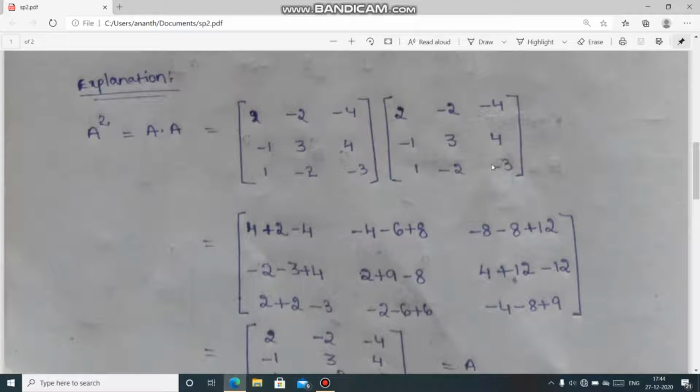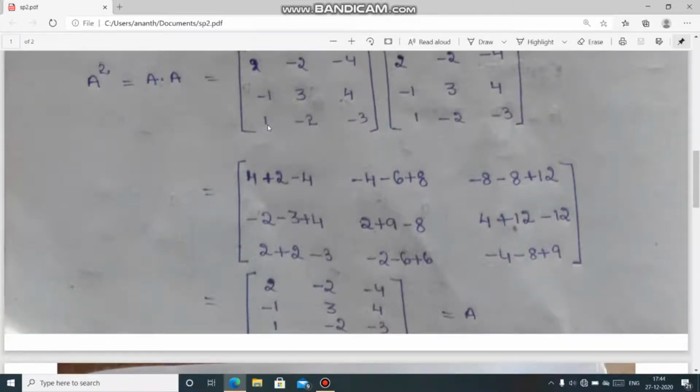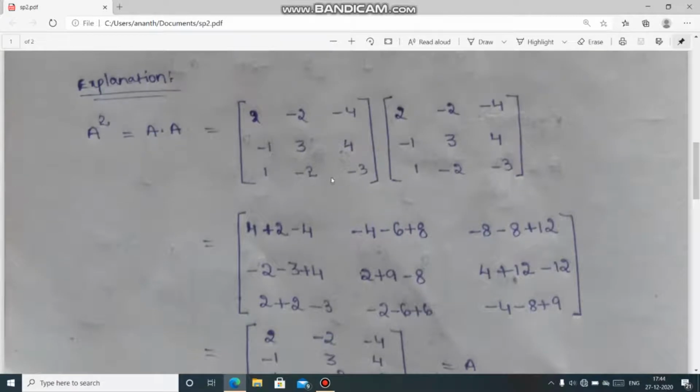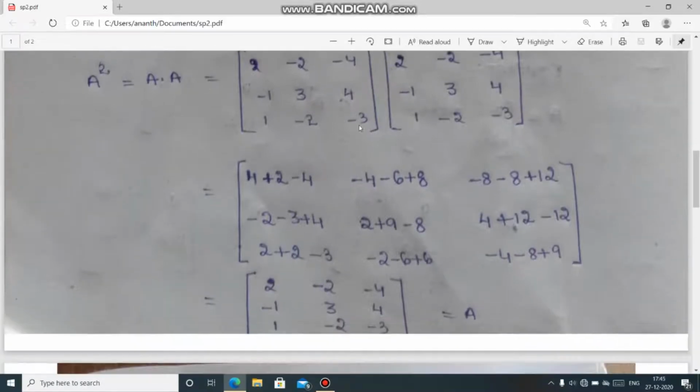4 into minus 3, minus 12. And finally this third row multiplied with the first column, we get 1 into 2, 2, and minus 2 into minus 1, plus 2, and minus 3 into 1, minus 3.